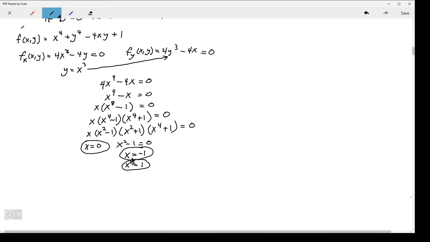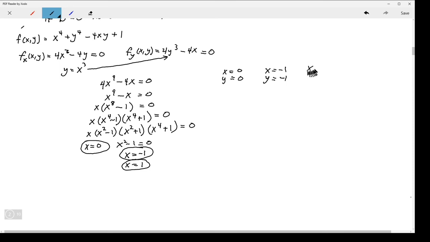So I have three x values. I'm going to take those three x values and go back over here to get my y values. If x is 0, y equals 0 to the third, which is 0. If x is negative 1, then y equals negative 1 to the third, which is negative 1.